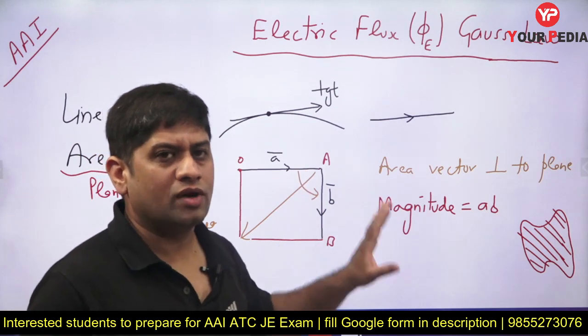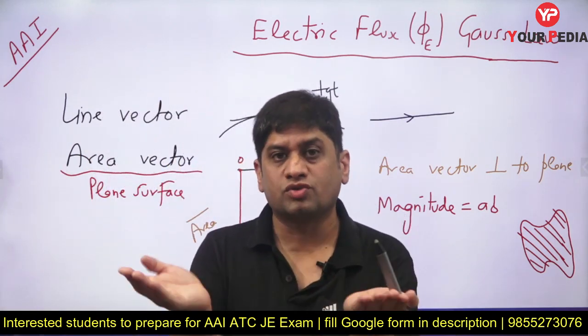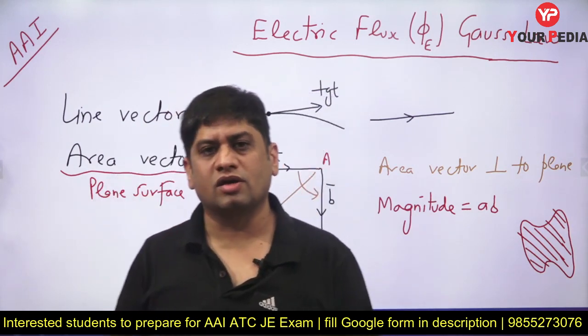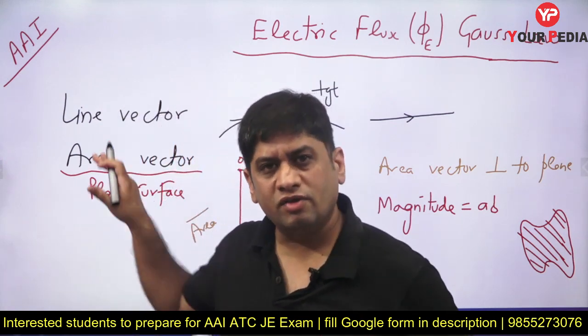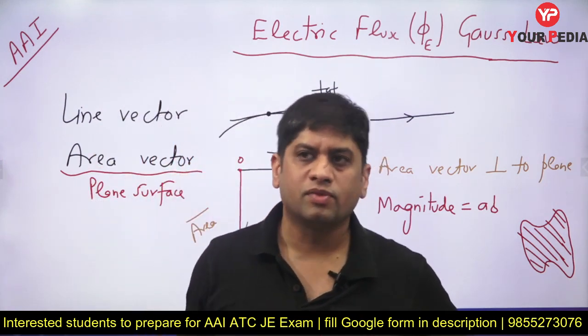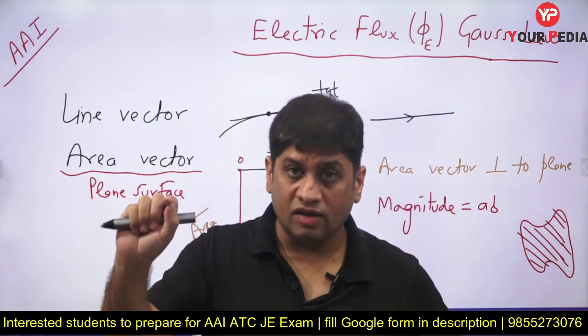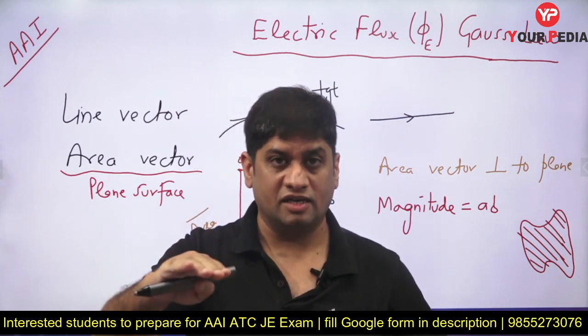So what you need to understand is, in an area there are two sides, and when you take the cross product of these two sides, you get the direction of that particular area vector. Remember one thing, even if you have not understood it: area is a vector, and the direction of the area vector is perpendicular to the plane of that area.